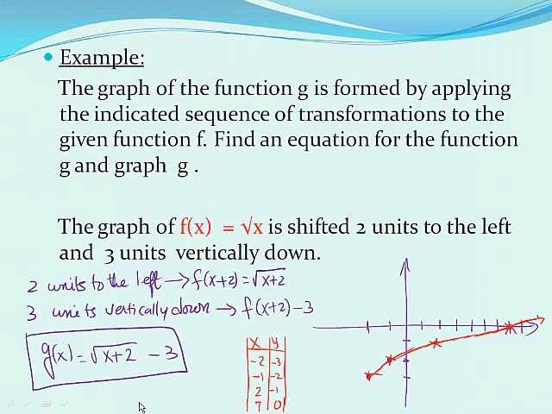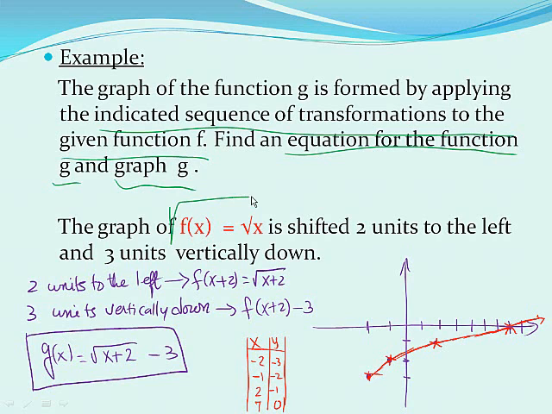Here is another example. The graph of the function g is formed by applying the indicated sequence of transformations to the given function f. Find an equation for the function g and graph the function g. So the function f of x is given as f of x equal to square root of x. The graph of f of x equal to square root of x is shifted 2 units to the left and 3 units vertically down.